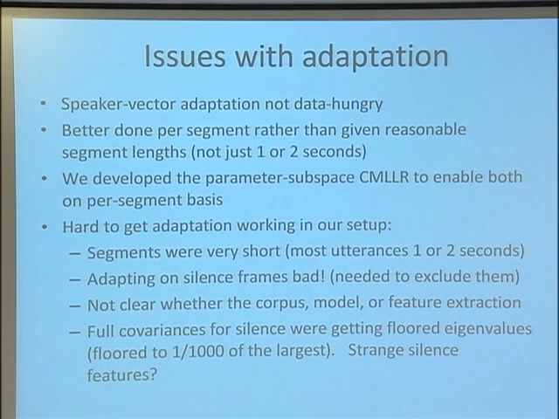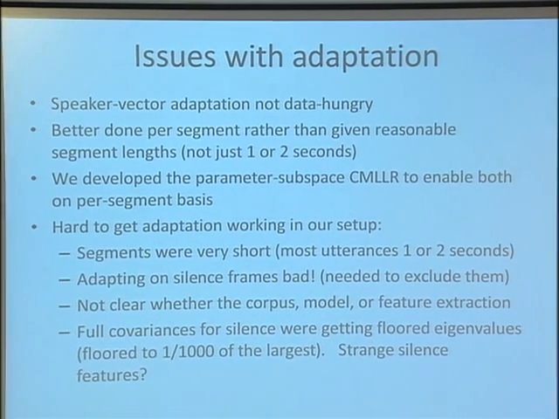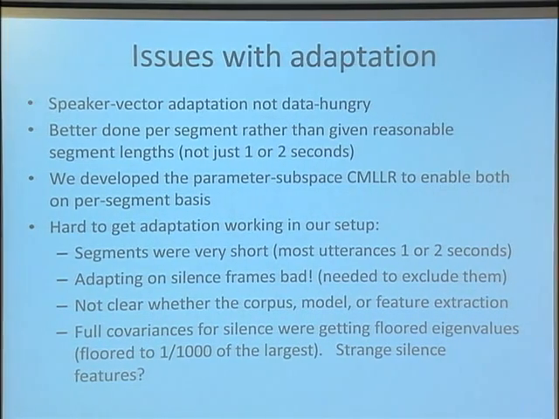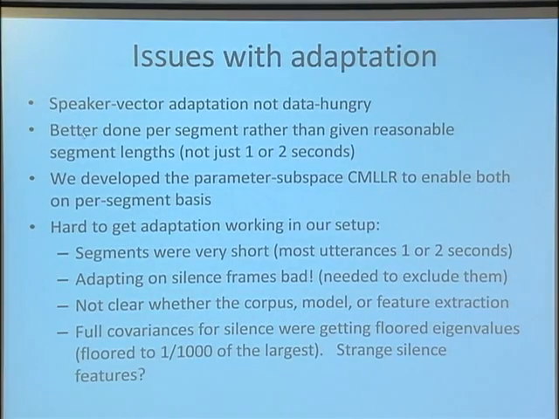Okay, so I just want to talk about our difficulties with adaptation. The adaptation hasn't really been working quite as well as we would have hoped, and not as well as it worked for me at IBM. So in my setup at IBM, the speaker vector adaptation doesn't need a lot of data. There's just 40 or 50 parameters to estimate. So I would typically do it per segment.